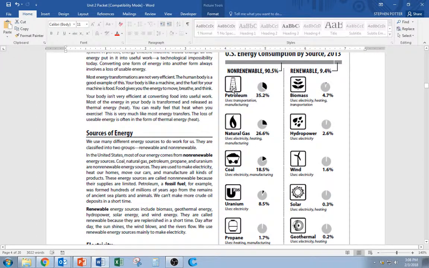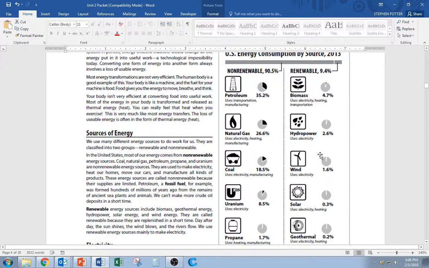Most of it came from petroleum, but we had a lot of natural gas, coal, uranium, and a little bit of propane. For our renewables, mostly biomass, with some hydropower, wind, solar, and geothermal. So these are the breakdowns of our non-renewable and renewable energy resources.